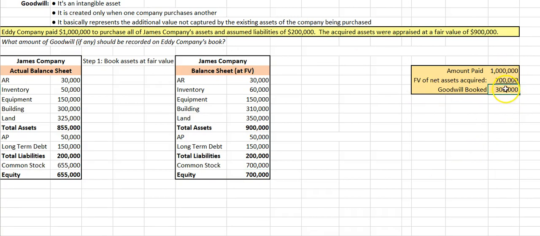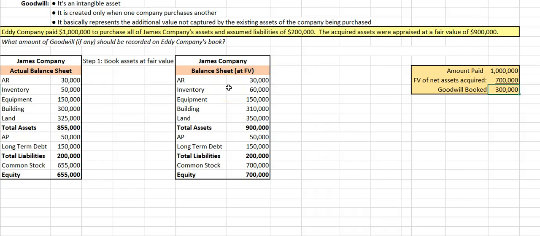That's the difference. Eddy must have paid an extra $300,000 for some asset that is not being captured over here in this balance sheet. What could that be? That could be anything. It could be the fact that James Company has a very good reputation, and that Eddy feels that reputation is worth $300,000.